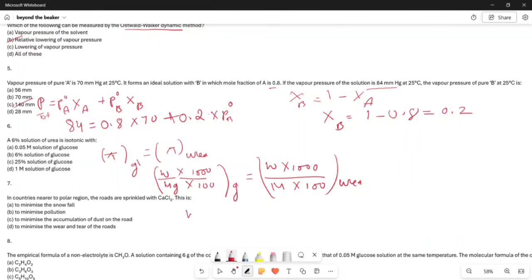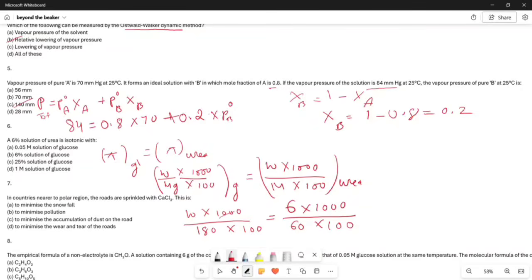So I take W as it is: W into 1000 divided by the molecular mass of glucose, which is 180, multiplied by 100, is equal to 6 into 1000 divided by the molecular mass of urea, which is 60, multiplied by 100.